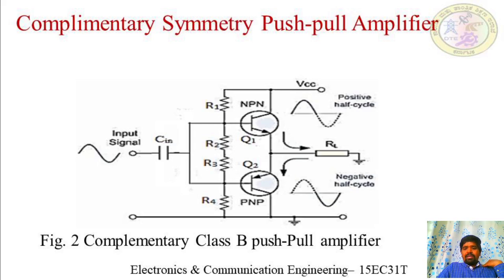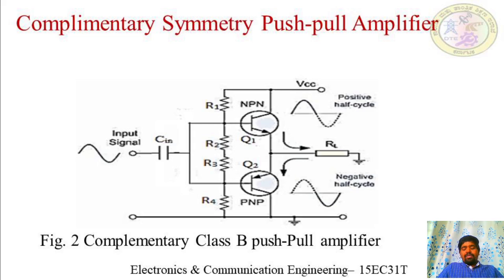And next, we are applying input to the Cin, that means it's a coupling capacitor. What is the benefit of this coupling capacitor, we will discuss. And we are using four resistors R1, R2, R3 and R4. What are the benefits of these resistors, we will discuss in the next slide.